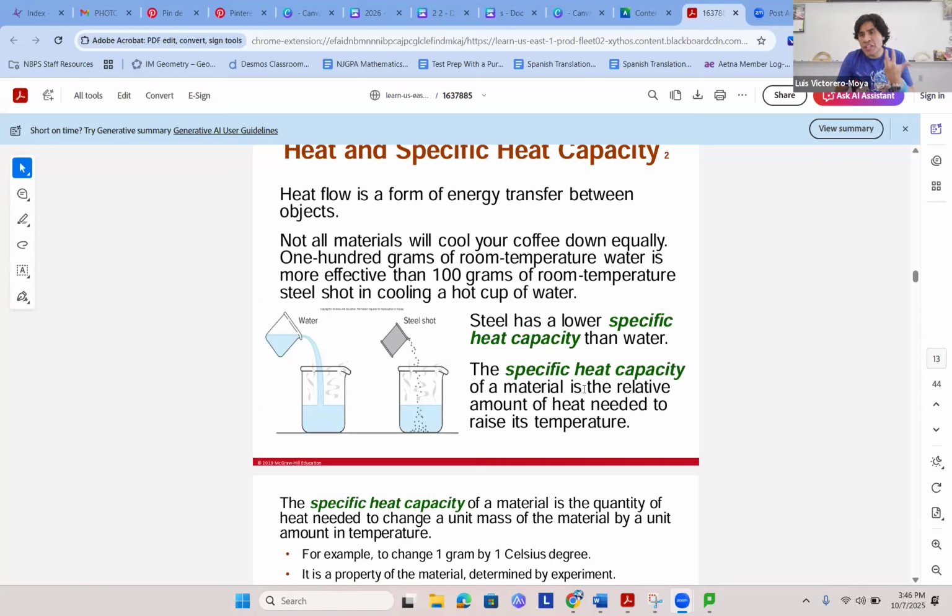You're going to see how they reach thermal equilibrium. What you notice is that while the steel decreases its temperature quite sharply, the water does not increase its temperature that much. That's because of the difference in their specific heat capacities.